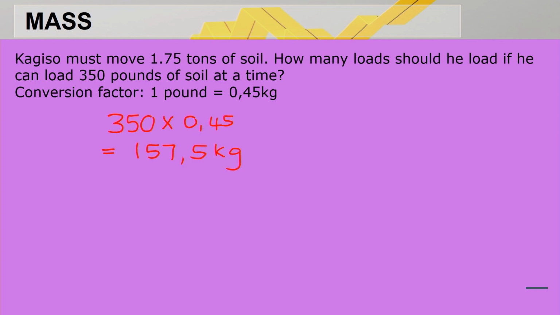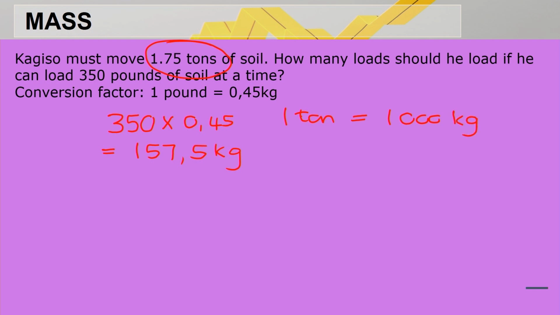And we need to move 1.75 tons. So the tons need to be converted as well. Let's quickly convert tons. 1 ton is 1,000 kilograms.